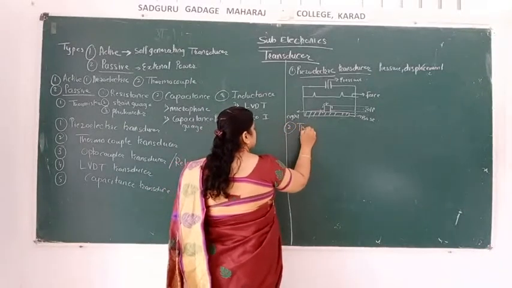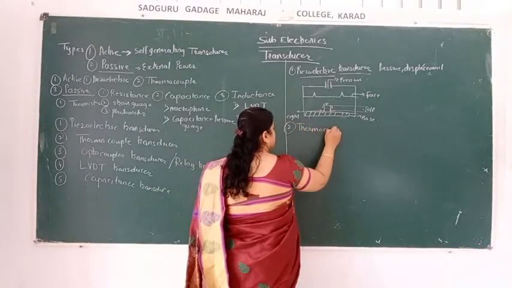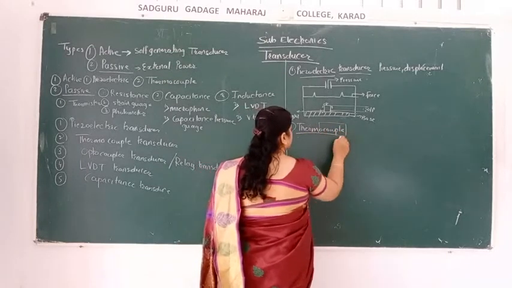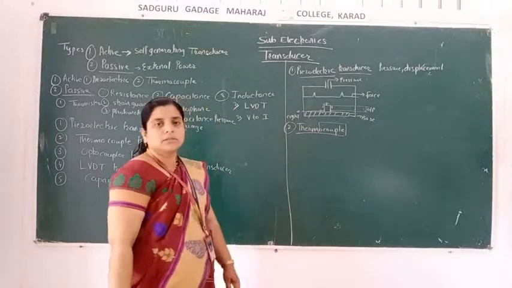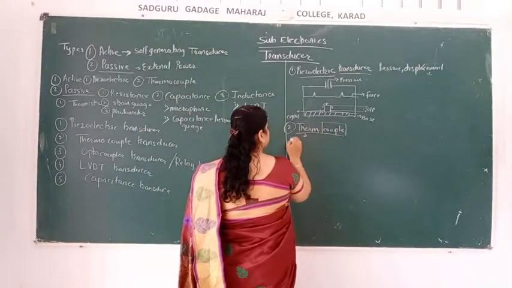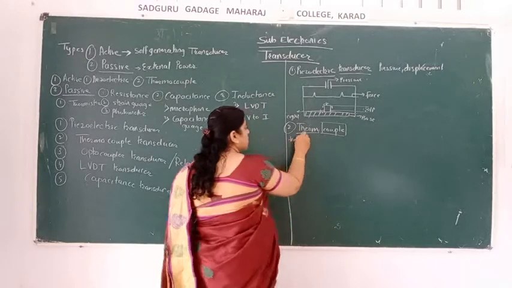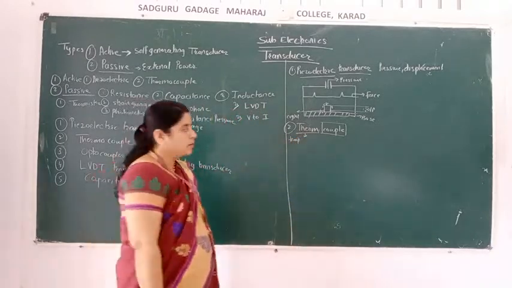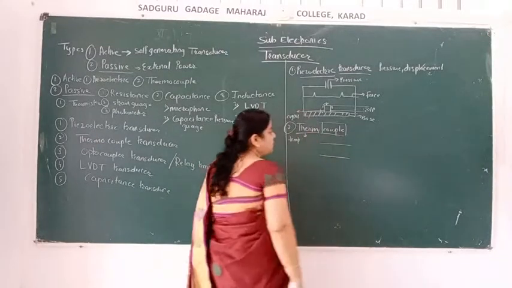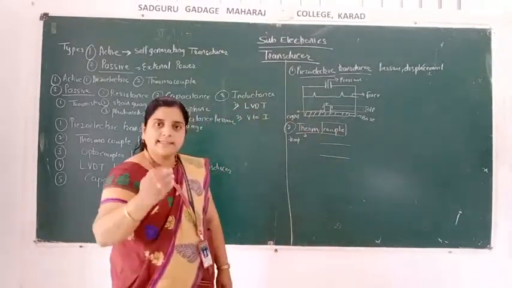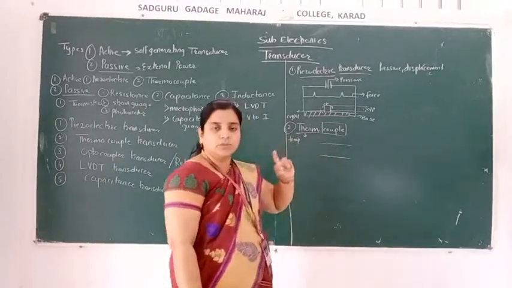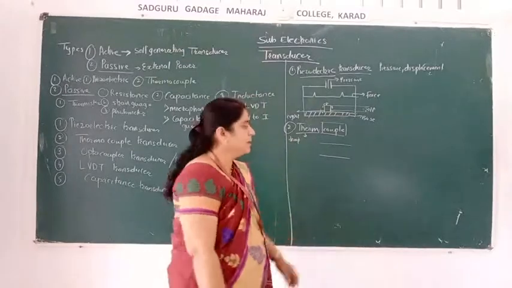Next we are going to see thermocouple. Its name says it is a couple. Couple means two wires. Thermo means which depends on temperature, so it is called the thermocouple. Two different, dissimilar metal wires are taken. These two wires should be dissimilar, not similar.